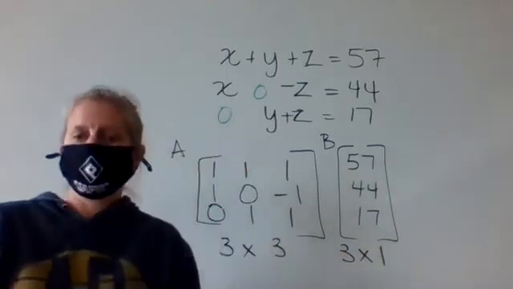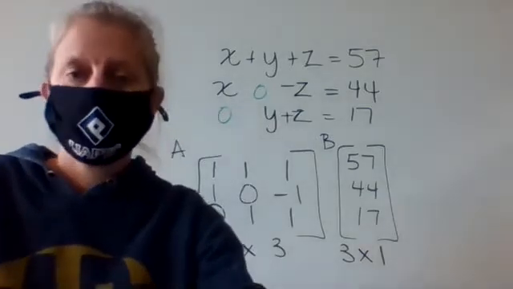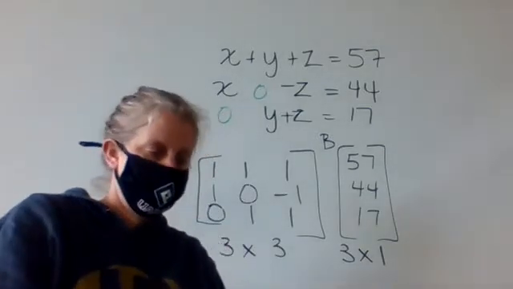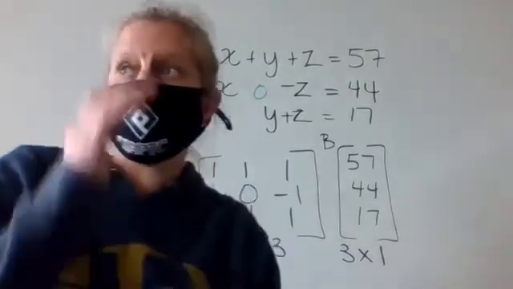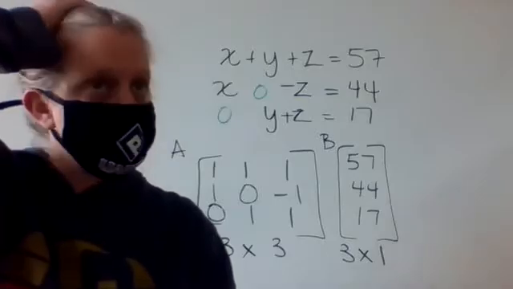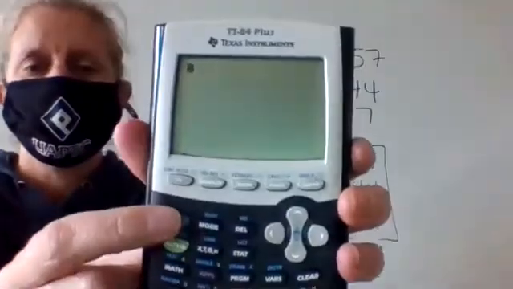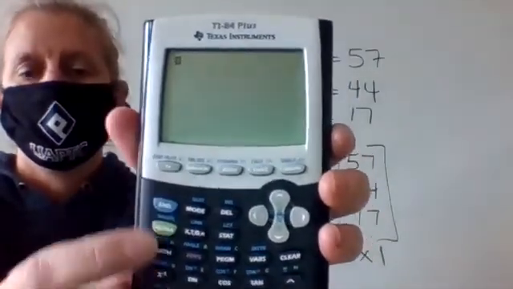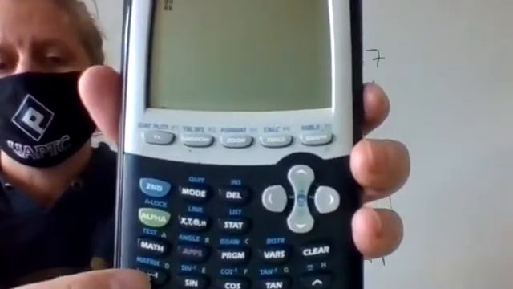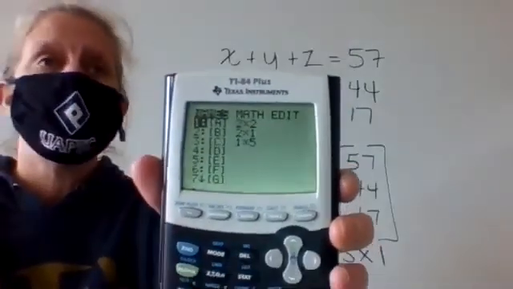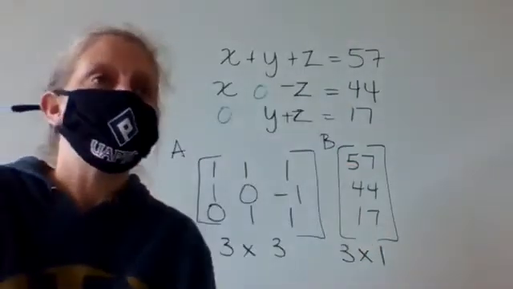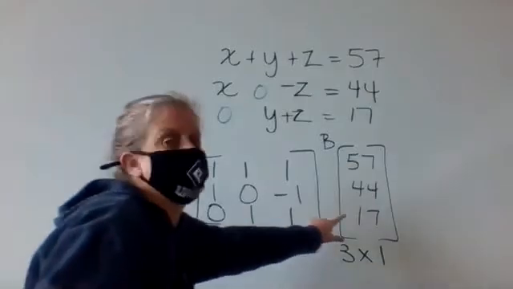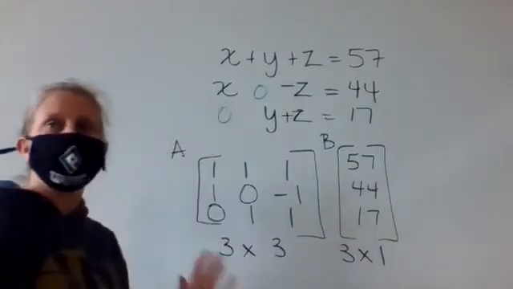So now we'll go to our calculator. And remember how to go to matrix. So you'll hit the second button, and then you'll hit the matrix function. Now, remember, the first thing we're doing is we're creating these 2 matrices, which means editing.